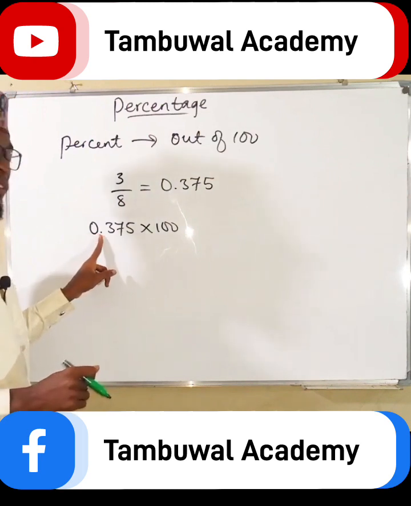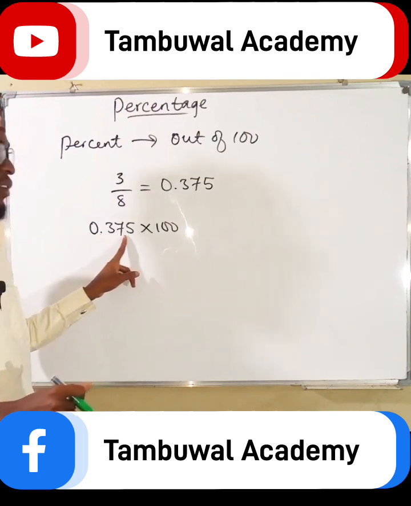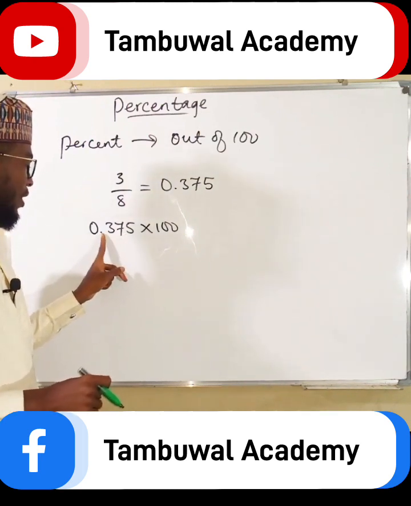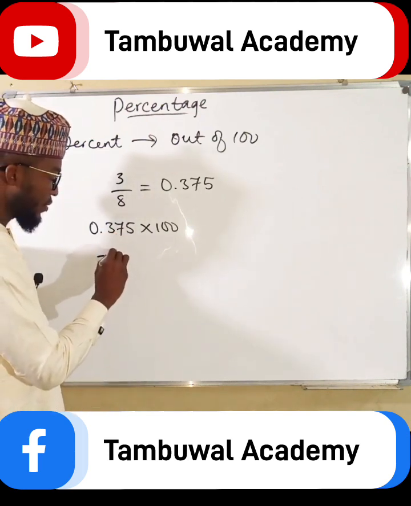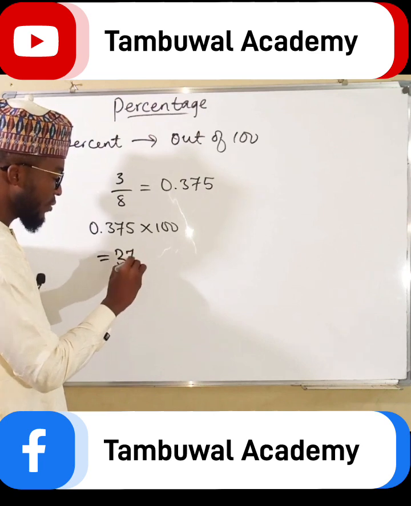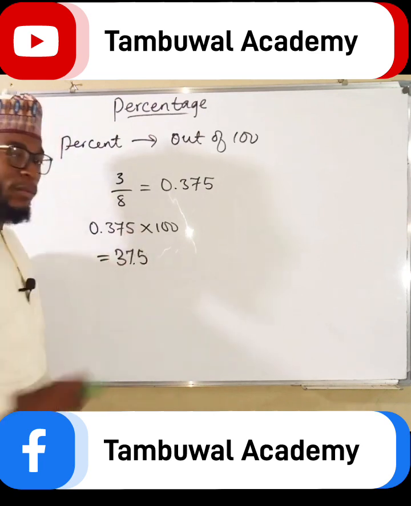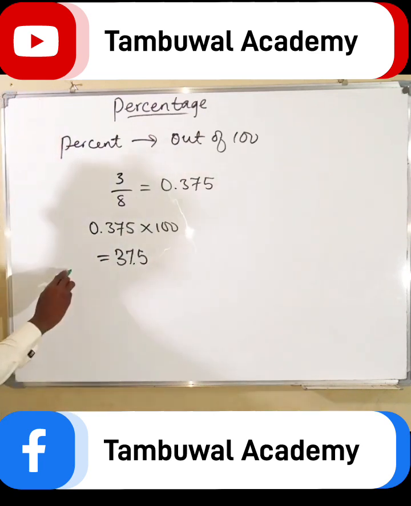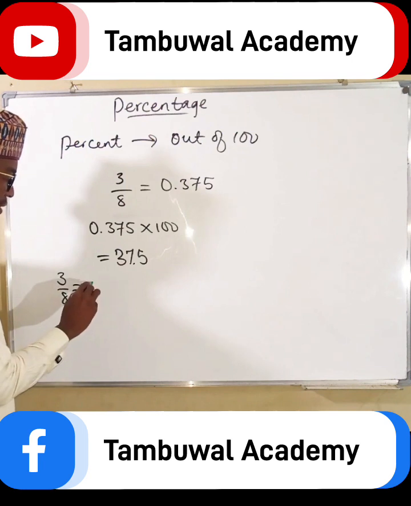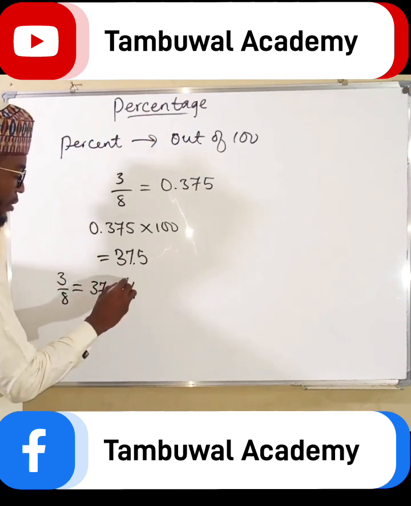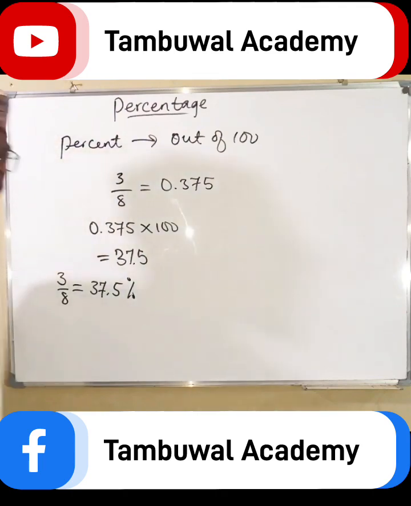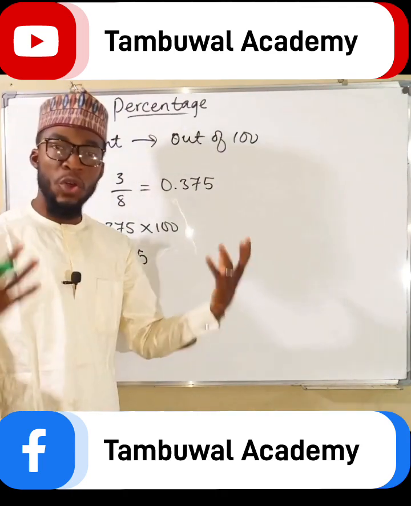This will shift the decimal point 2 times to the right. From here, 1, 2. And this is equal to 37.5. And finally, 3/8 is the same thing as 37.5%.